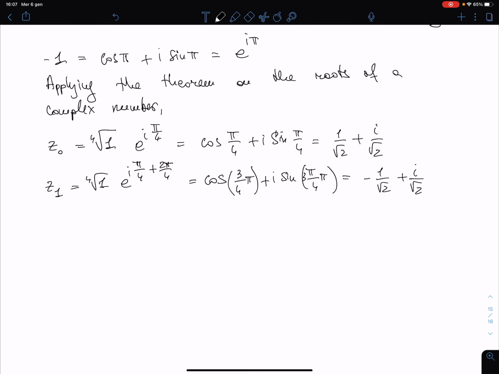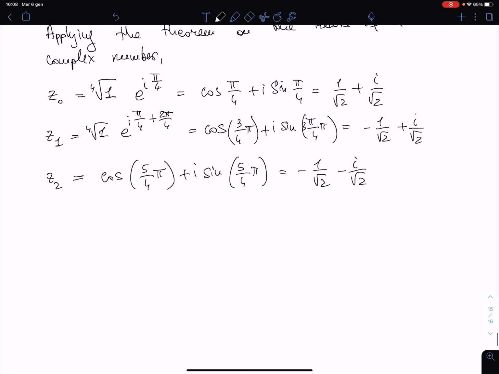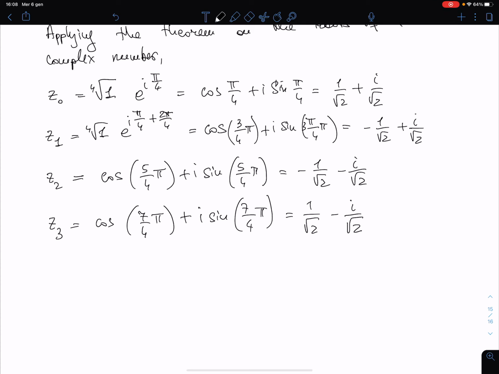And then Z2, now you go again and again, and here you have cosine 5 over 4 pi plus i sine 5 over 4 pi, and this is given by the two negative components. And then the last is zeta 3, which is cosine of 7 over 4 pi plus i sine of 7 over 4 pi, and this is 1 over square root of 2 minus i over square root of 2.